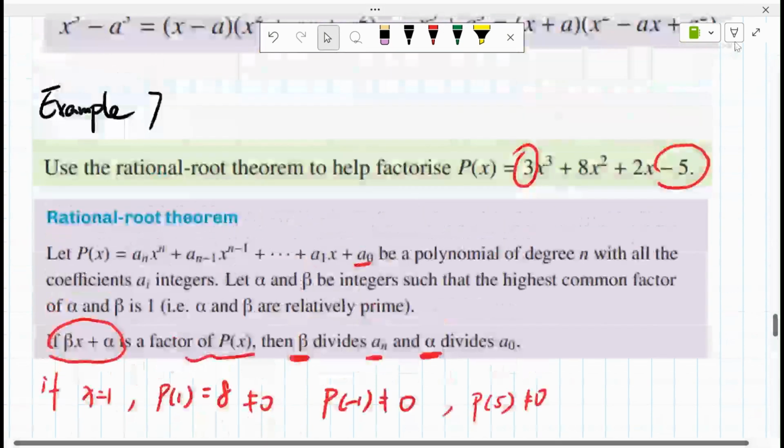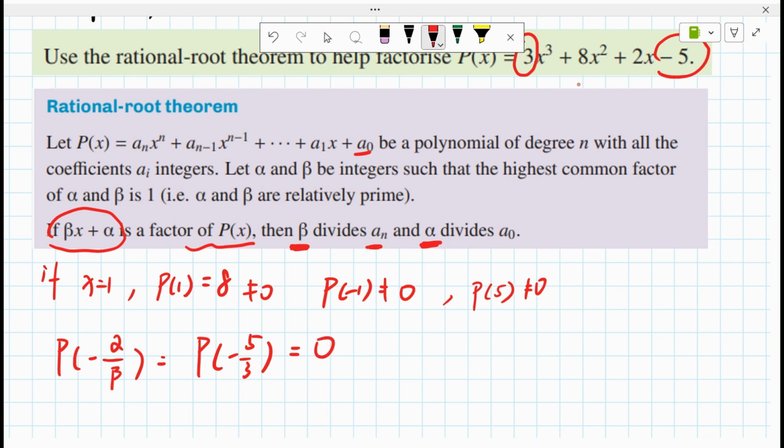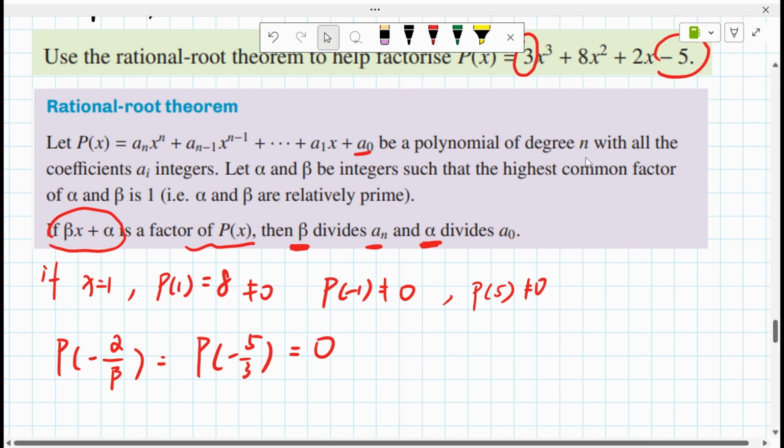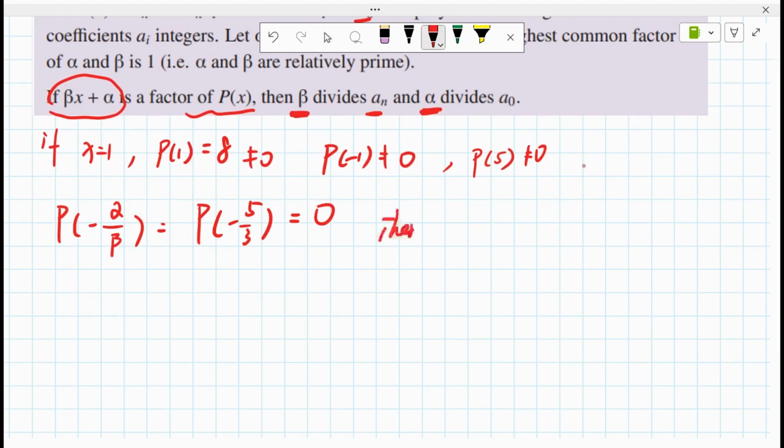If we're using it by hand, please give it a try, and all of a sudden I figure out that it equals 0. Yes, it actually equals 0. So therefore beta x plus alpha, which is equal to 3x plus 5, is a factor.